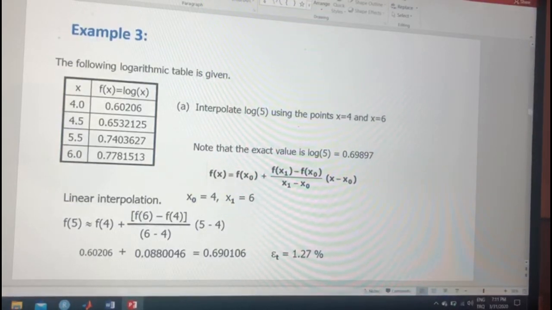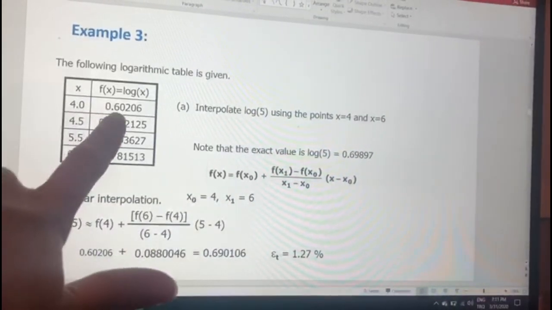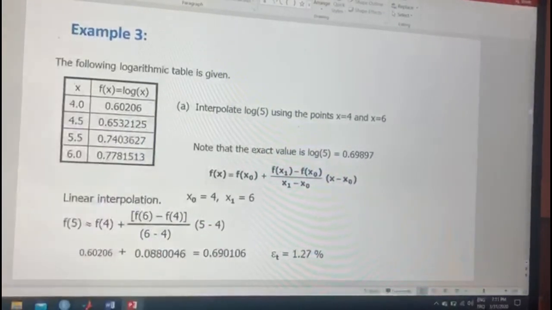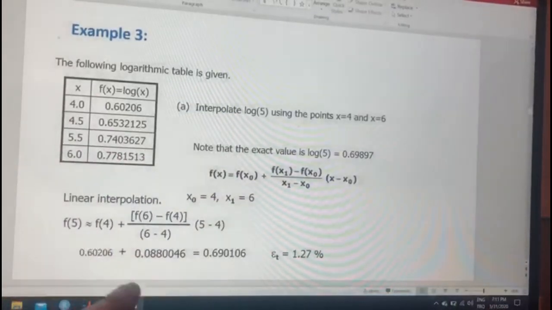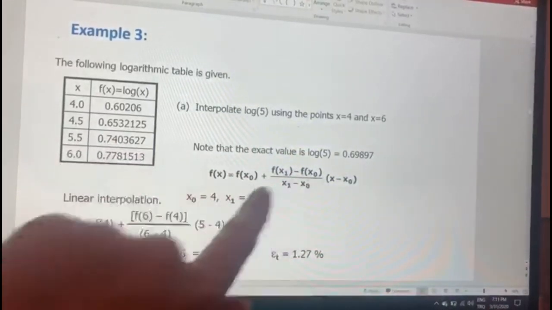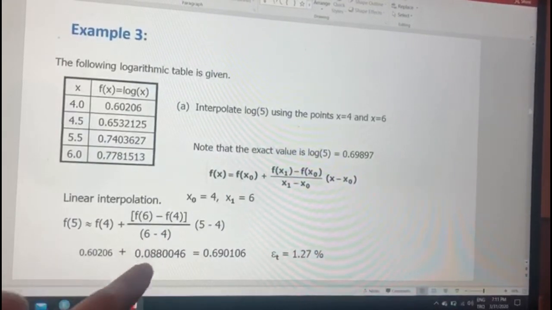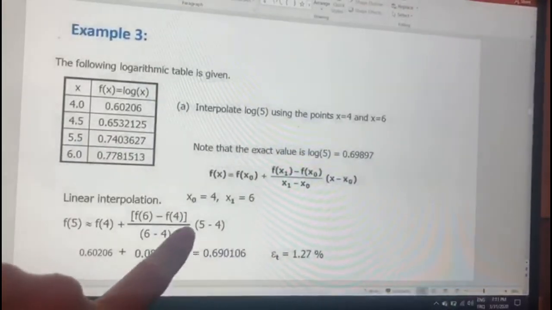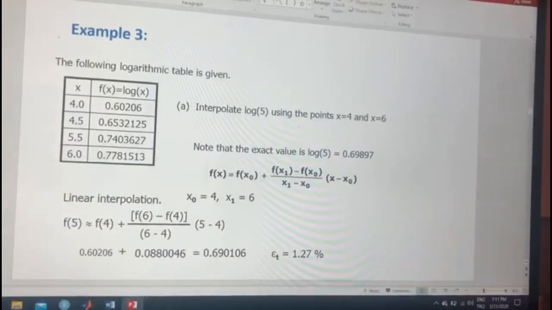And f of x0 here, as you can see, is 0.6 and so on, f of x1 is 0.7 and so on. So what you need to do is just plug in: f of x0 plus f of 6 minus f of 4 over 6 minus 4, and you will get this value, times 5 minus 4, because the x value we are trying to find is 5, and you can get this value.